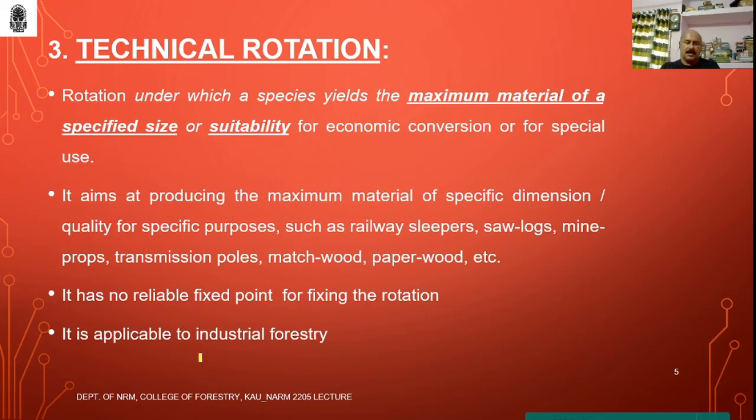It is basically applicable to industrial forestry. What is industrial forestry? You are raising a plantation for industrial purposes, in connection with industries like paper and pulp production. The company and the foresters mutually decide the exploitable size at which it has to be harvested. That is a classical example of technical rotation.